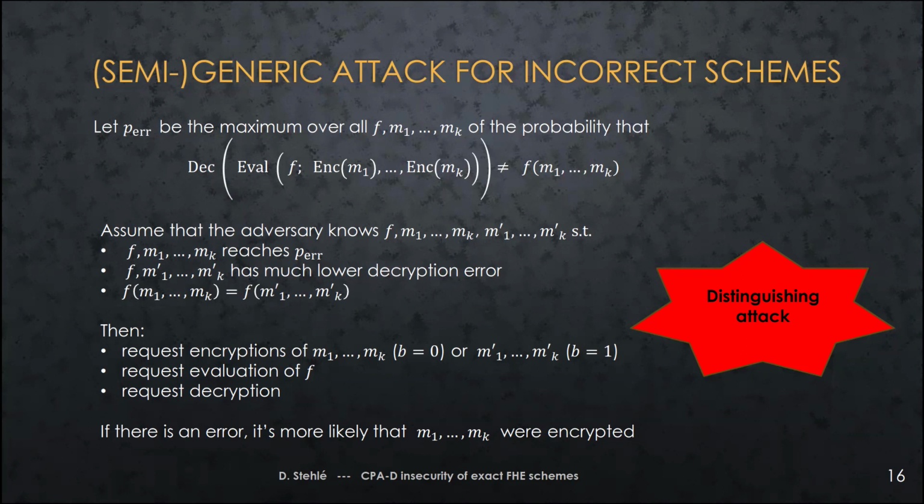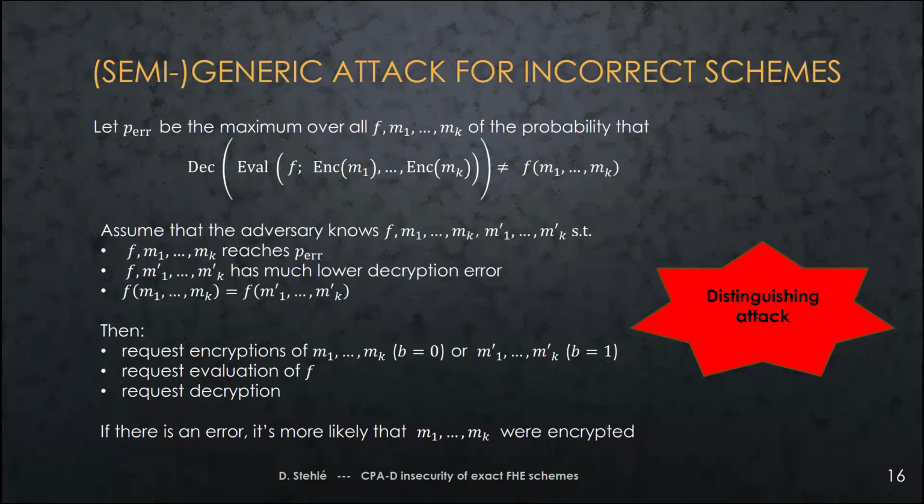So I have a given function which evaluates in the same way for the m_i's and the m'_i's, but such that if I homomorphically evaluate on the m_i's, I have a big failure probability, and if I evaluate on the m'_i's, I don't. Then the adversary could just request encryptions of the m_i's or the m'_i's, depending on the challenge bit, request the evaluation of F, and request decryption.